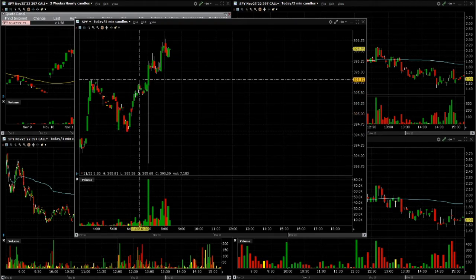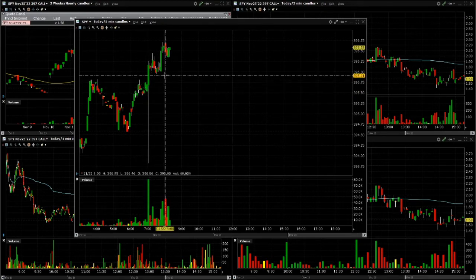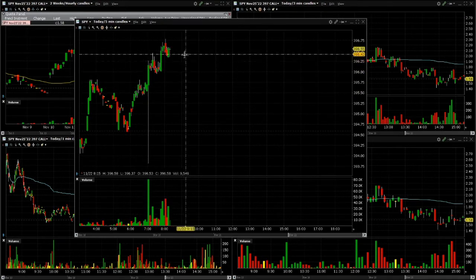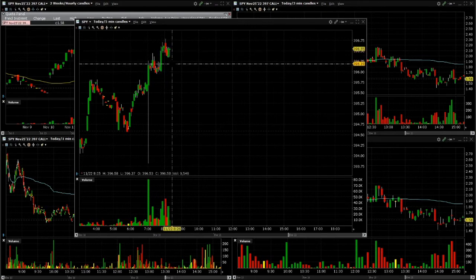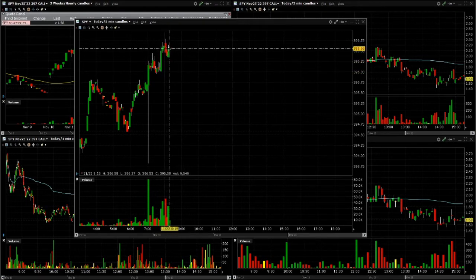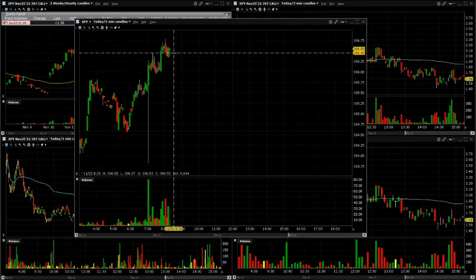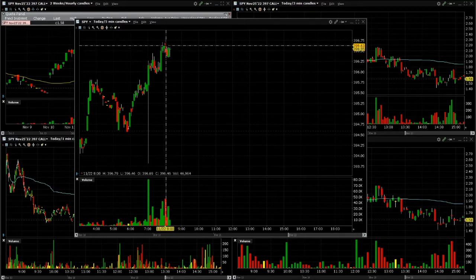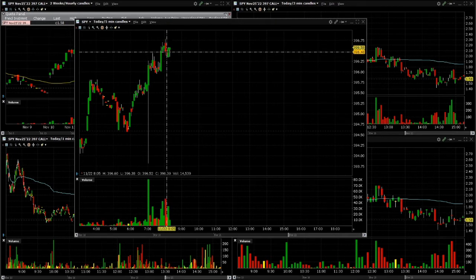So that became a level of resistance. Touched it twice, pulled back, and then rallied back again, broke through that level, and actually just a little bit ago. And since then, SPY has been sitting in this 396 and a half, 396 and 3/4 area, not quite to 397, but close. And that's the strike of my call.